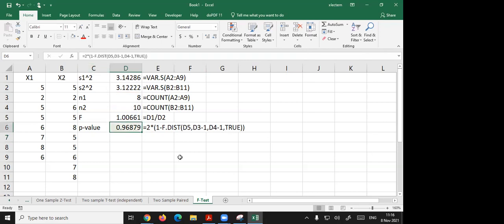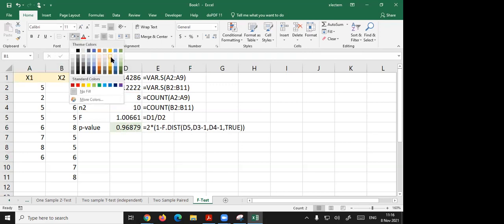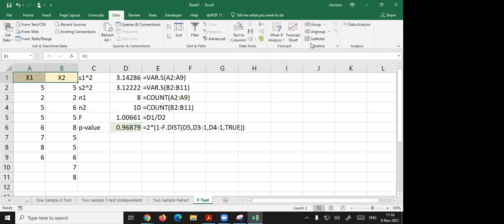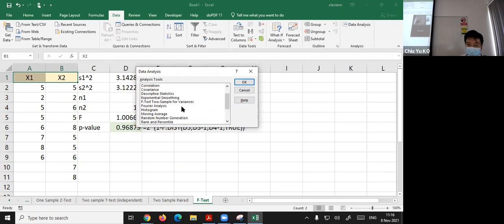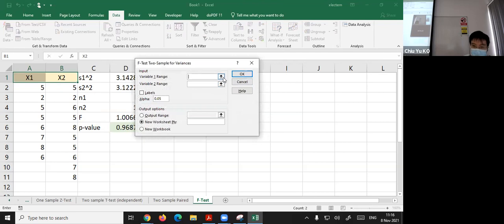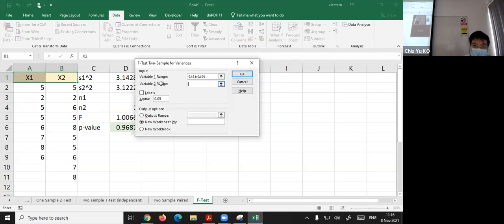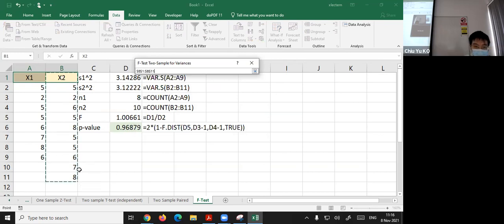Okay, and now you want to also look at the case where you use the data analytics, and I should end here. Sorry for a little bit of overrun. So data analysis, go to the F-test two-sample for variance. Actually, the same procedure here. Just variable 1 and variable 2.